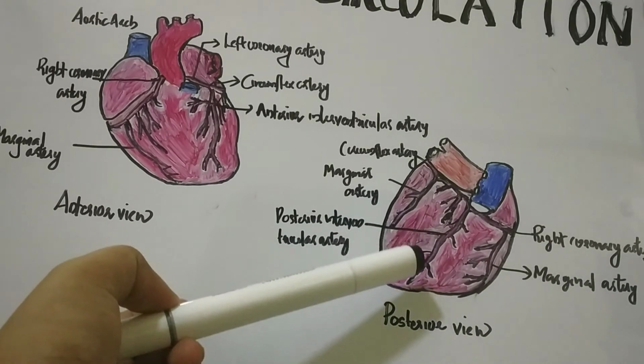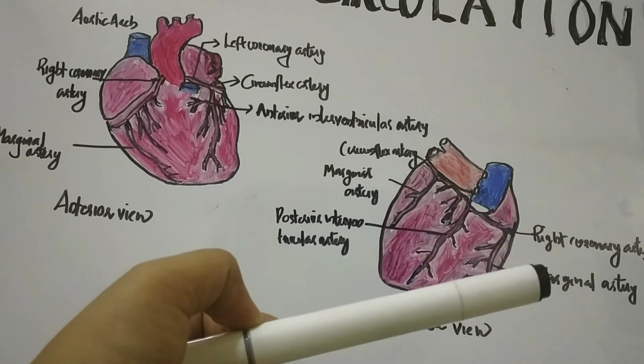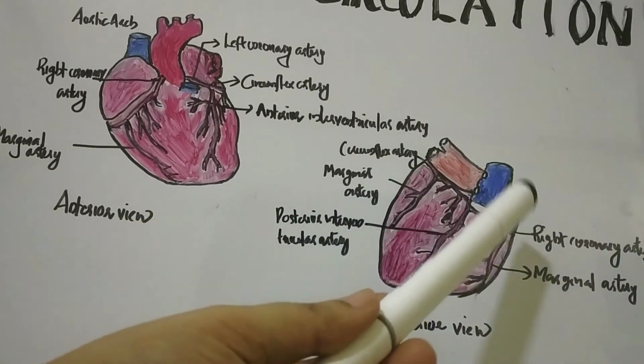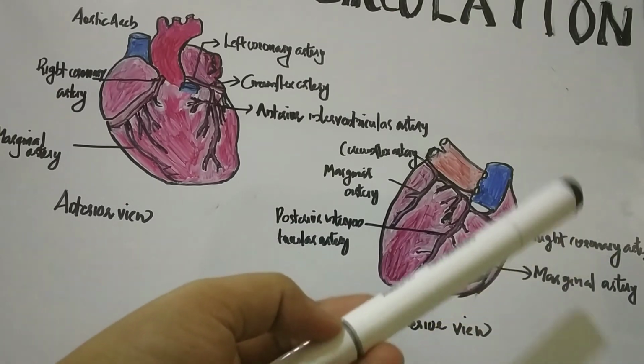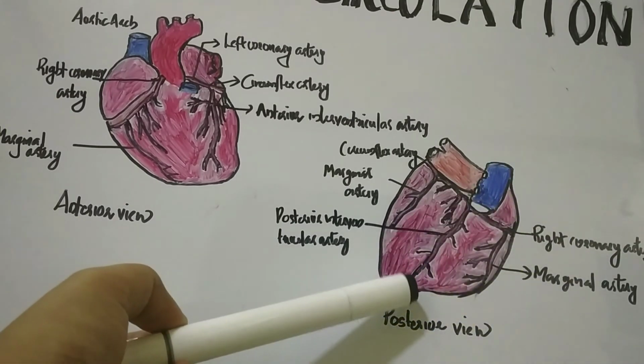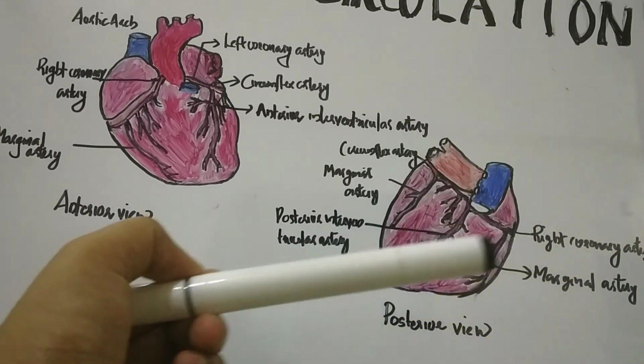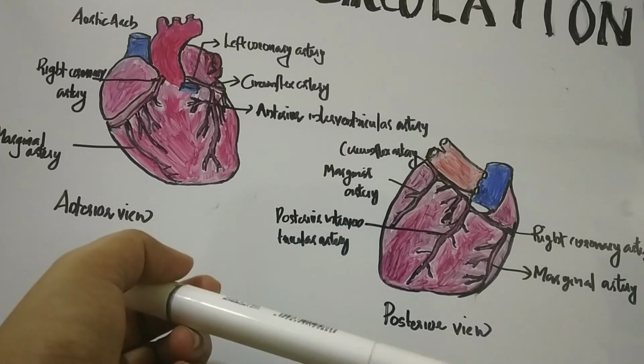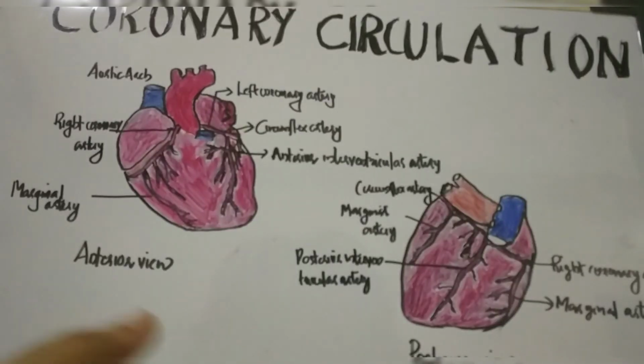In such cases, it is called left dominance. In all other cases, where the right coronary artery itself supplies the posterior interventricular groove, it is called right dominance. In the upcoming sessions, we will be discussing the coronary veins.